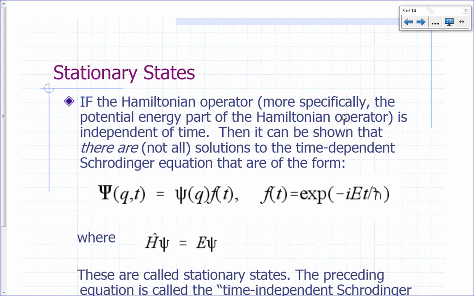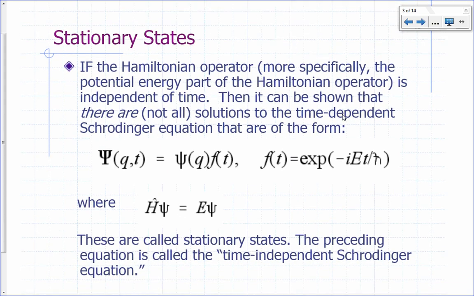So we said that we were interested in cases where the Hamiltonian operator itself, or specifically the potential energy part of that Hamiltonian operator, is independent of time. Okay? We learned earlier that the Hamiltonian operator is the operator that corresponds to the energy of the system.